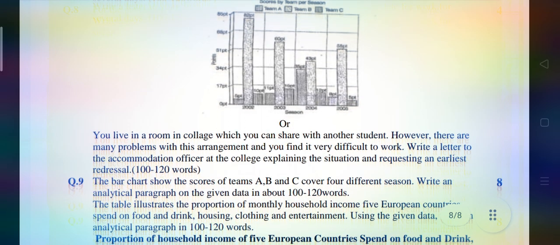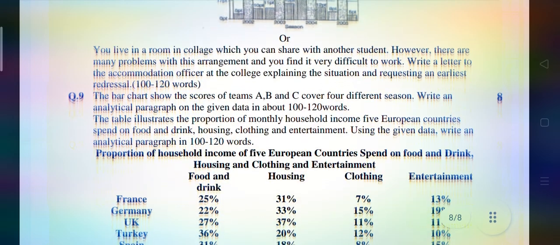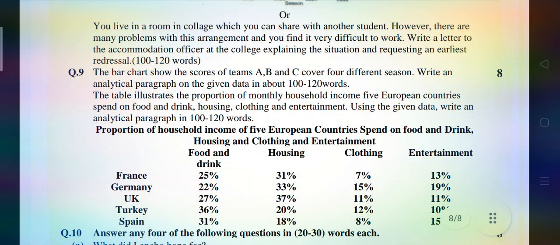Okay, you know the format: sender's address, date, receiver's address, thereafter subject, salutation, contents, in which you will describe 3 paragraphs, thereafter complimentary note. Now you are living in a room in college which you share with another student, a room partner I mean.